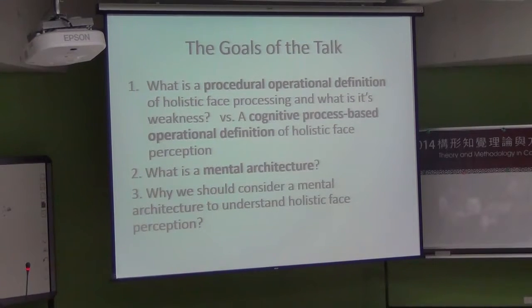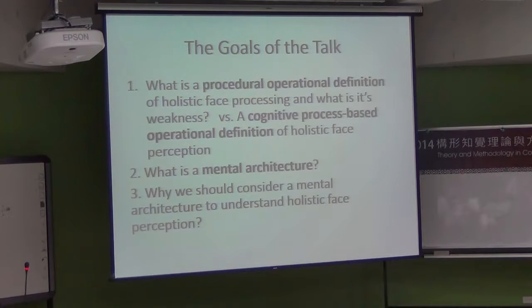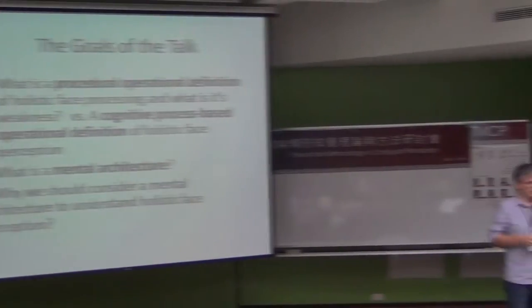All right. So these were three goals of our talk. First, we learned about the procedural operational definitions, and we learned about failure to selectively attend certain features by using the part-to-whole paradigm. And although it's been used before as an indicator of holism, we challenged this approach by developing methods to learn about the underlying cognitive mental architectures.